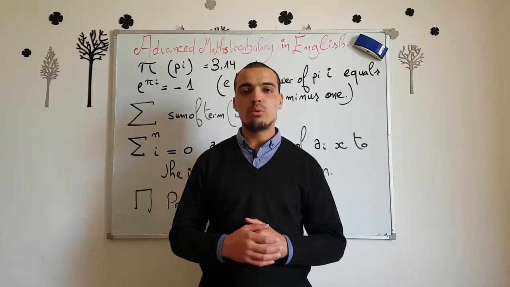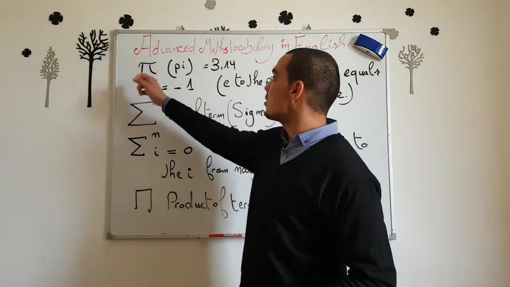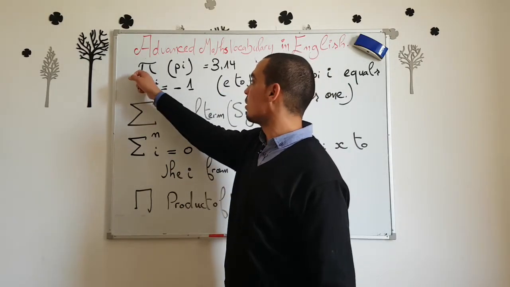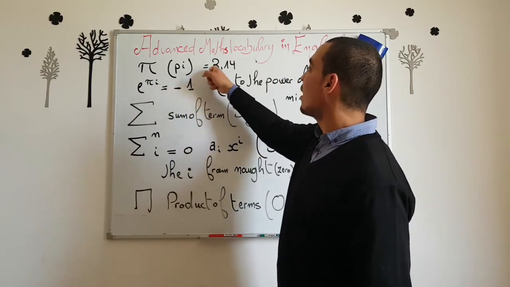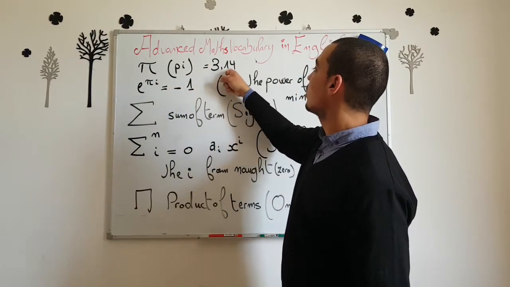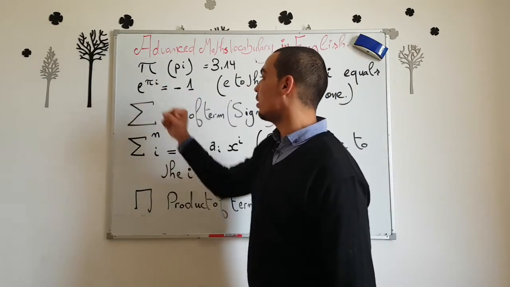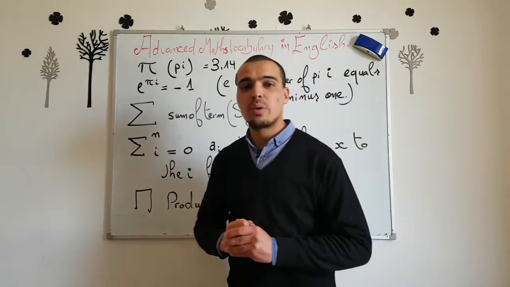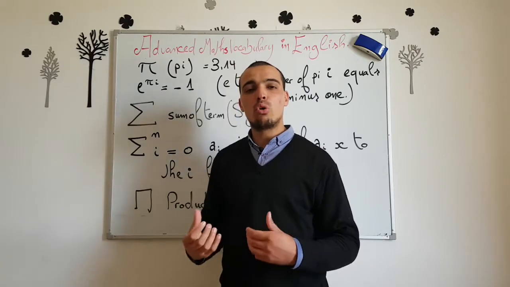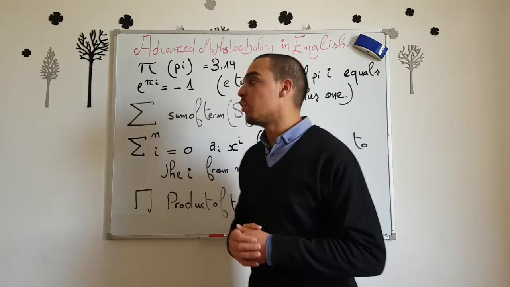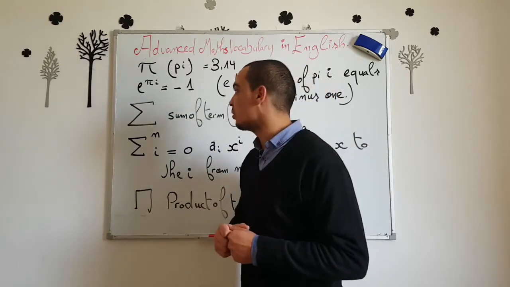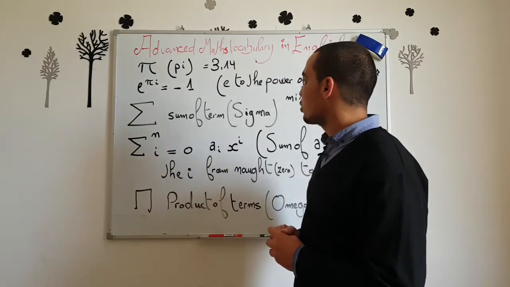Moving to other important symbols, we have the symbol of pi, which stands for the value of 3.14. Of course, we will try to put it in a more complicated equation in order to know how to read it. This is our equation.